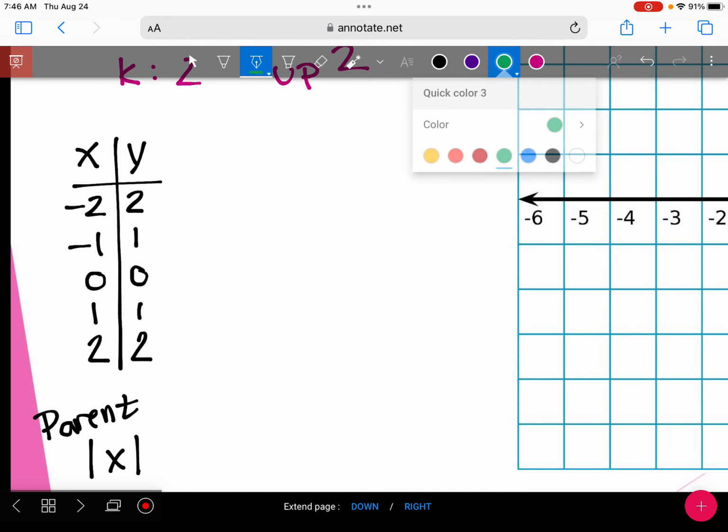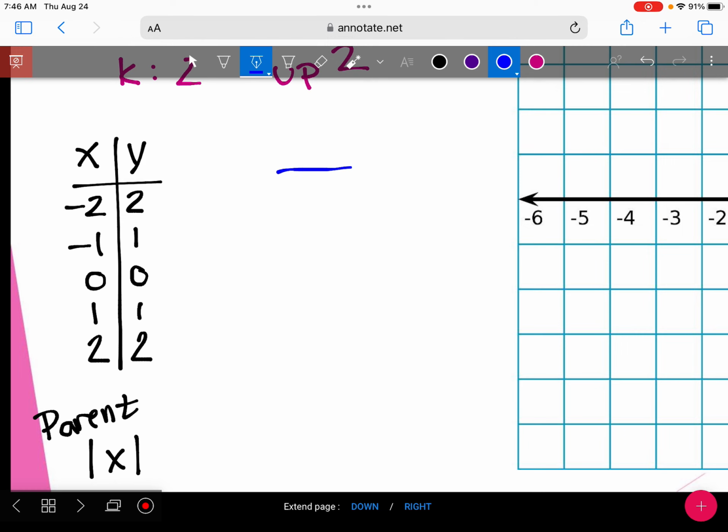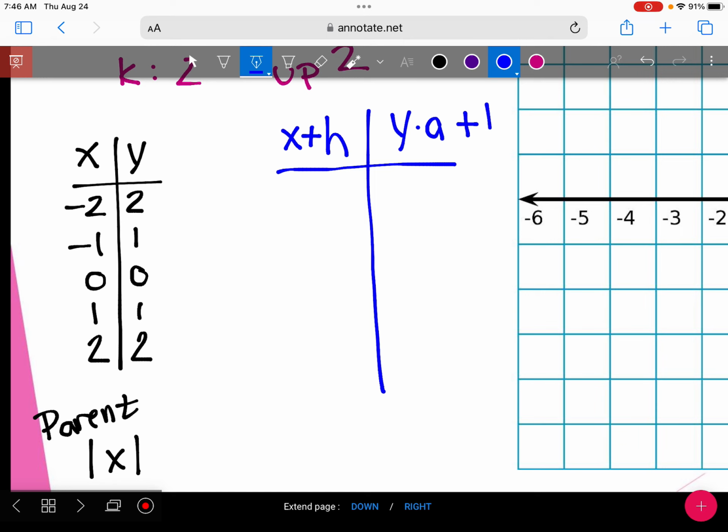To make our transformed function, we make another table, and that gives us X plus H is what we put there. And we're going to do Y times A, when we have one, plus K. So we already said we don't have an h, so we're going to just take these x's and bring them over.